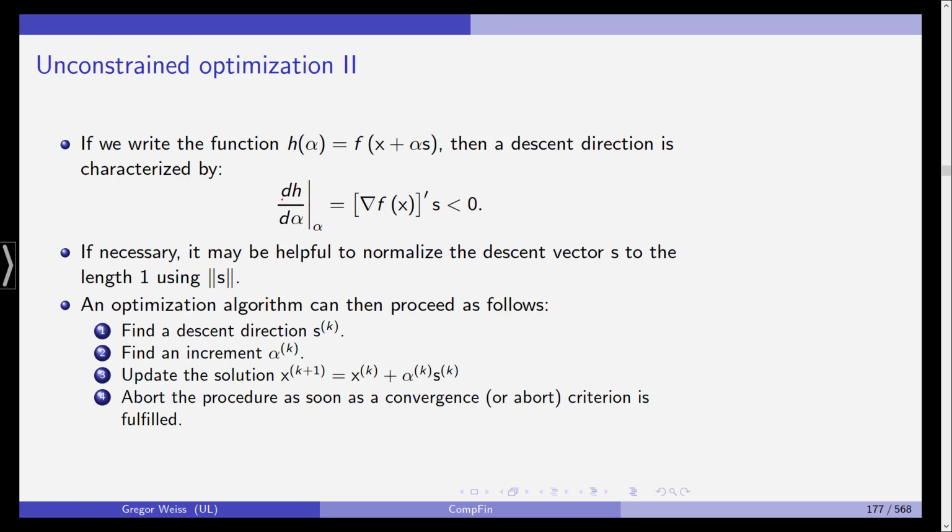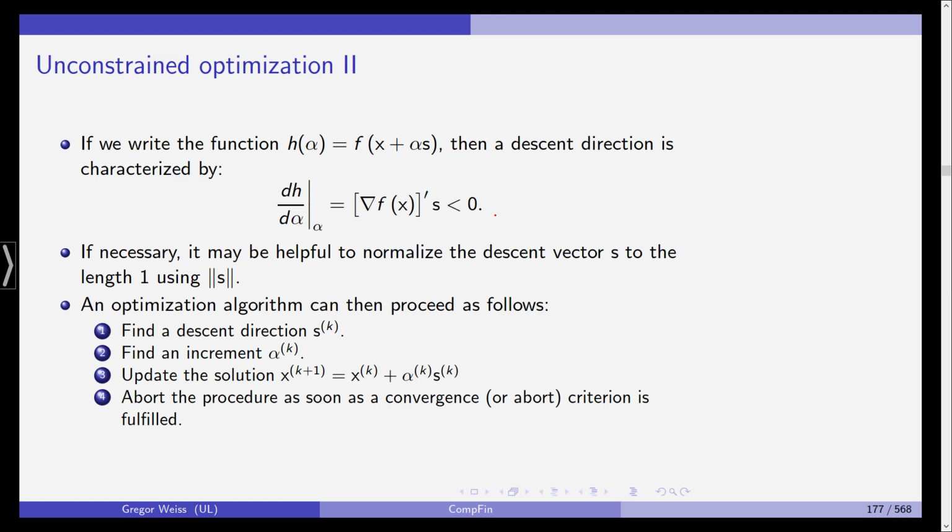So what we are requiring is that the descent, if you want to call it this way, of h, when you take the derivative with respect to alpha at point alpha, which is given by the transposed gradient vector times s, should be smaller than 0. Meaning what?